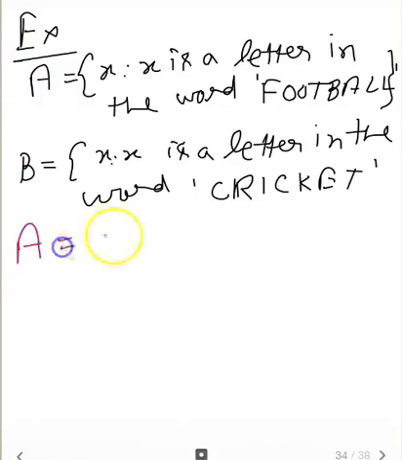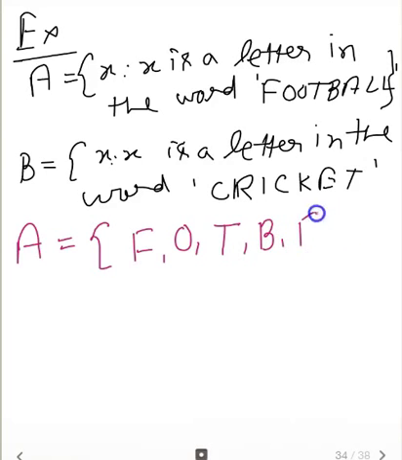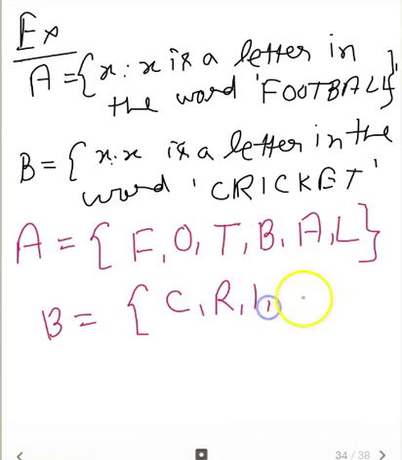So let's write this set A in the roster form. That would be F, O, T, B, A, L, right? And what about B? C, R, I. We will not write C again because this is a duplicate.